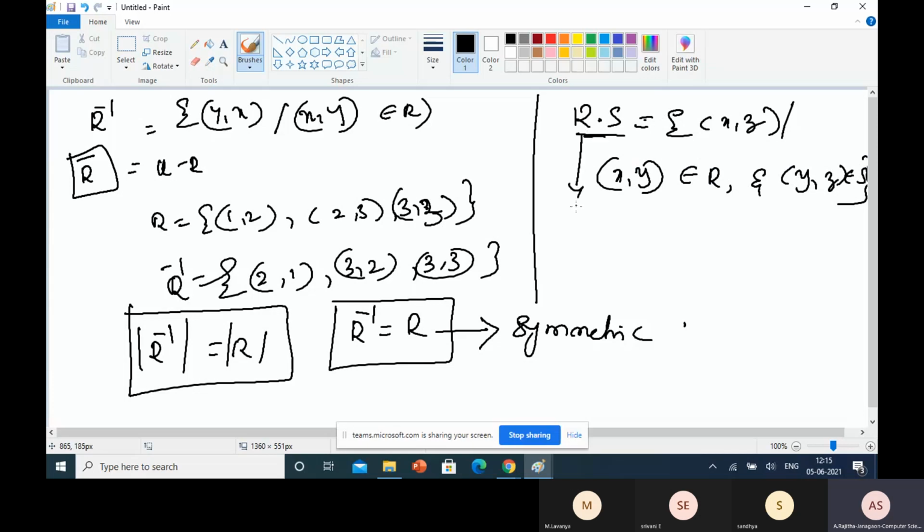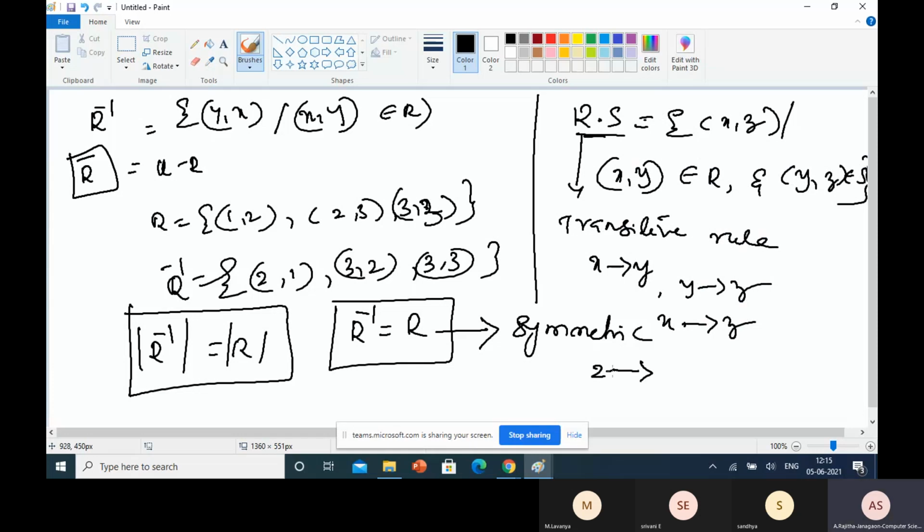In this composition we apply the transitive rule. That means if x to y some relation is there, and y to z some relation is there, then automatically x to z is some relation. That means 2 is a factor of 4 and 4 is a factor of 8, so ultimately 2 is a factor of 8. This is the composition.